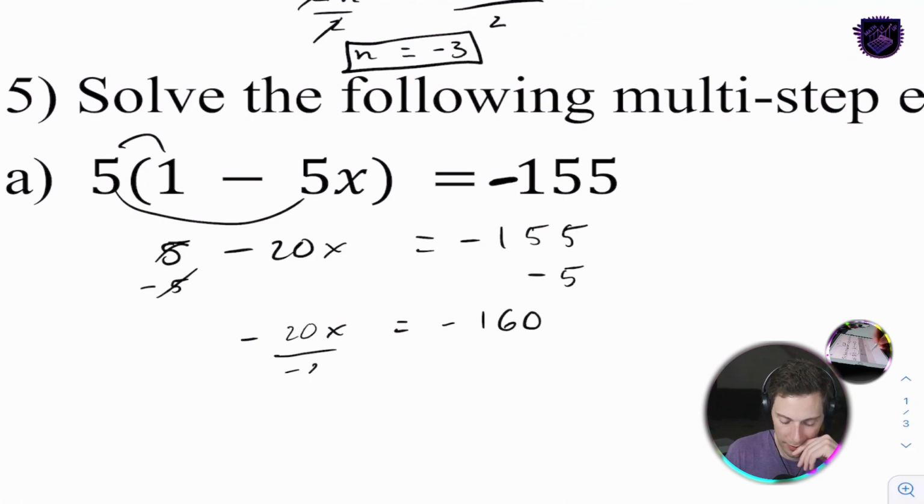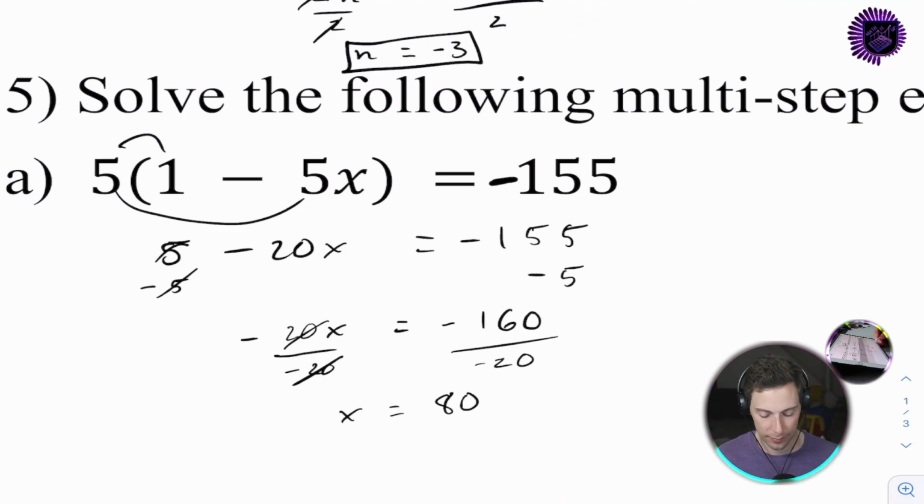Divide by -20. Divide by -20. That cancels, leaving us with x is equal to -8. Not 80. X is equal to 8.